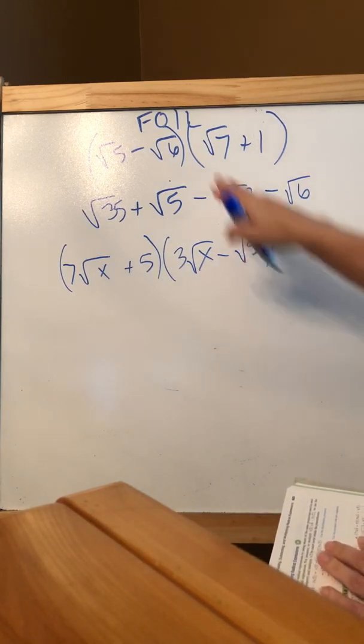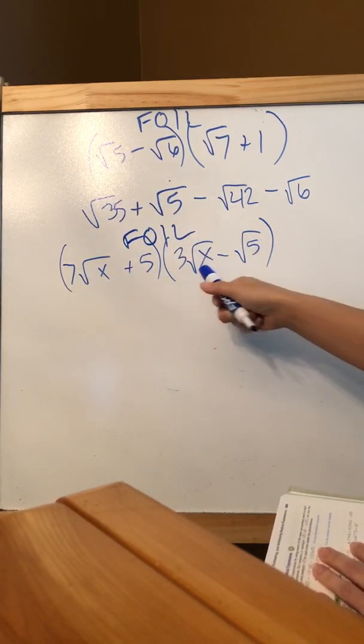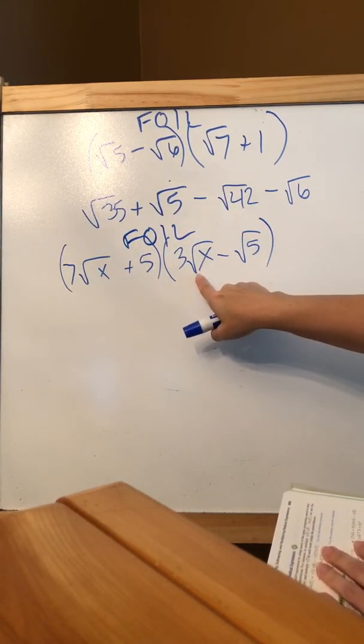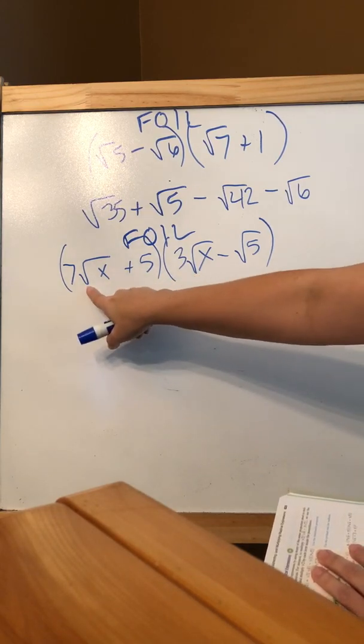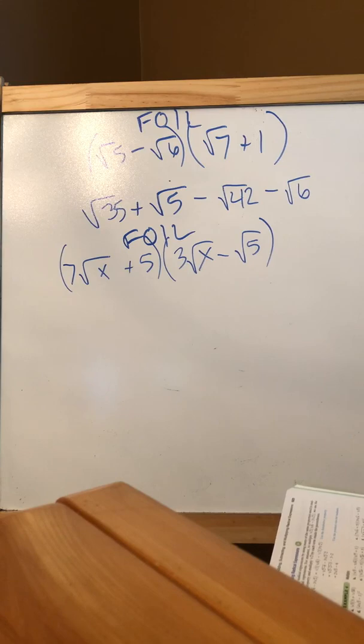We're going to treat this just like a FOIL problem. First, we have roots that are the same and values under the radical that are the same.